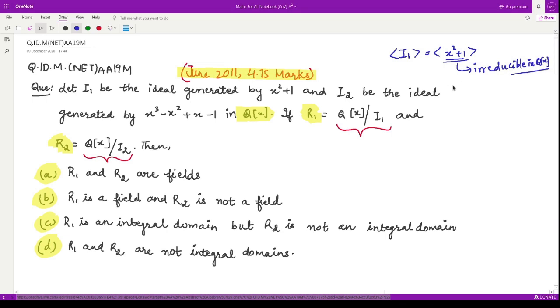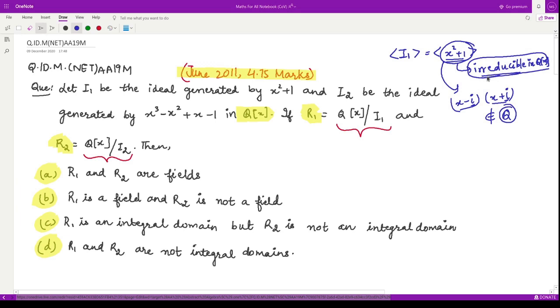It is because we can only factor this polynomial as x minus i and x plus i, where the coefficients of these two polynomials do not belong to the field of rationals. So that means this polynomial cannot be further factorized into linear factors in Q. Therefore this polynomial is irreducible in Q[x]. So this thing is true.